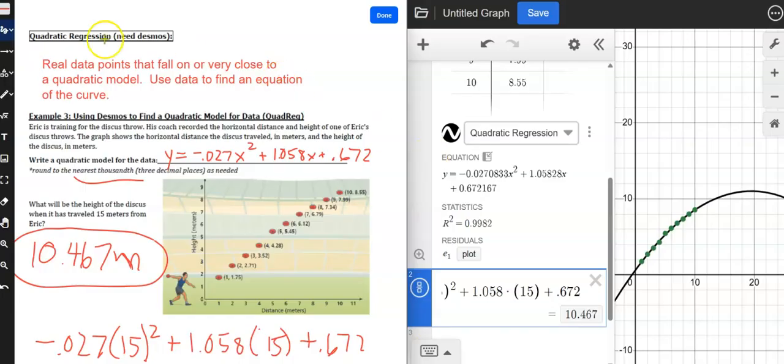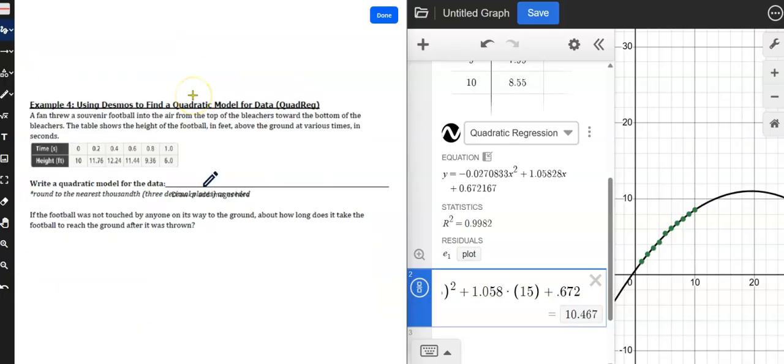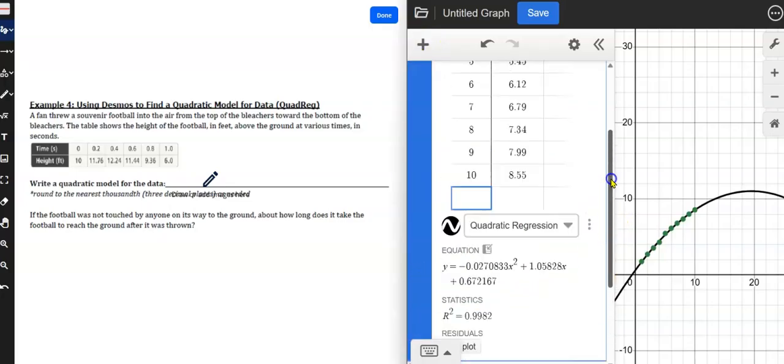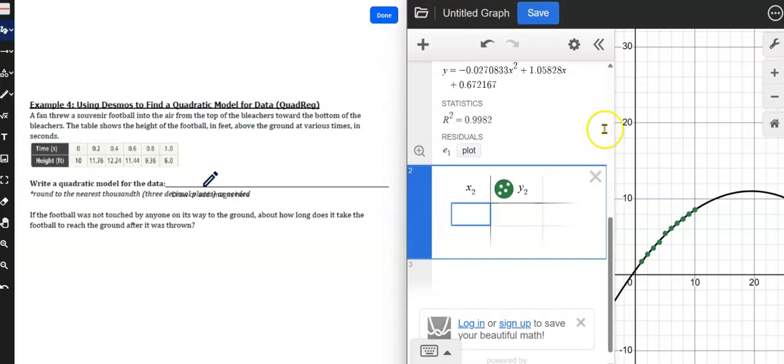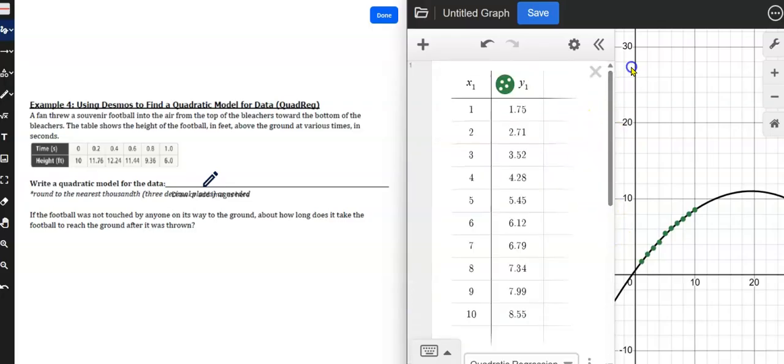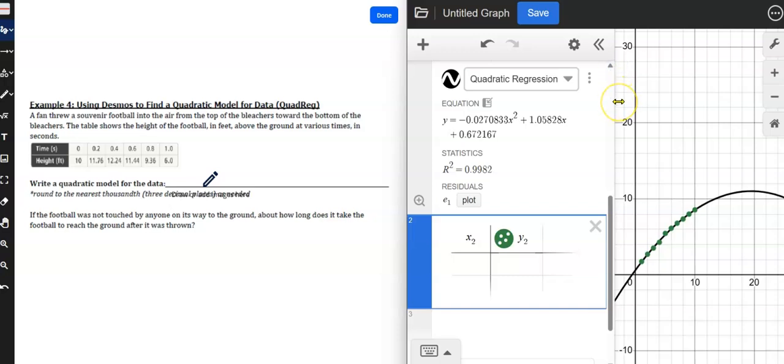All right, see what else we got going on here. So I think this one's maybe easier than the last one. We're going to see. Okay, let's get our data entered in. 0.2.